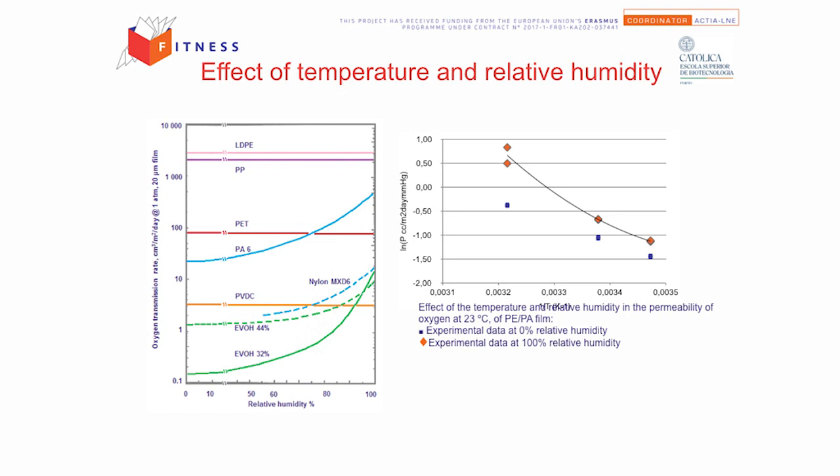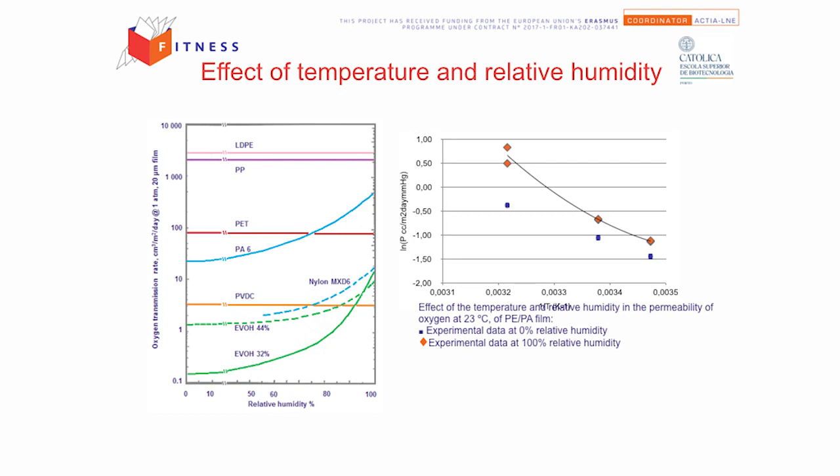For EVOH with 44% of monomer ethylene, because the ethylene is responsible for the moisture resistance. So if we put more ethylene in the proportion, we decrease the barrier, but we keep the resistance to moisture. Okay?